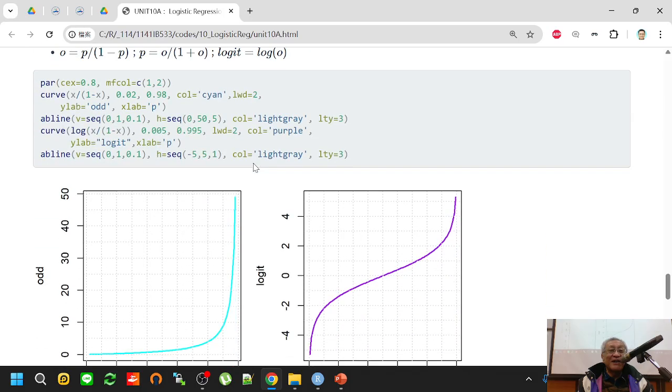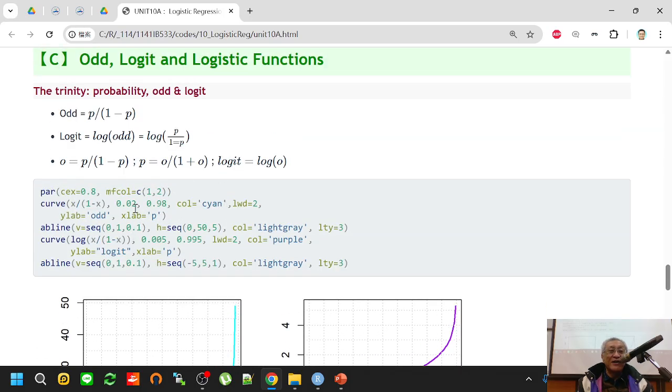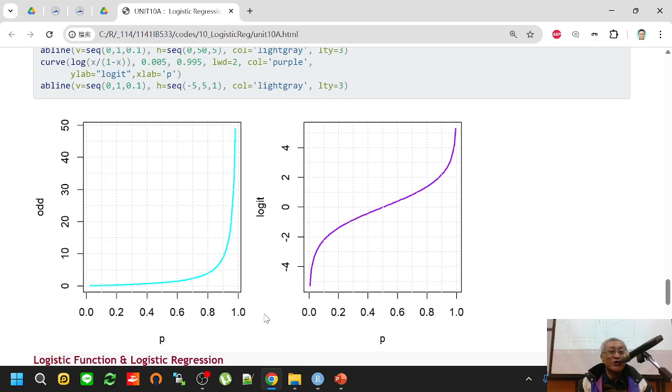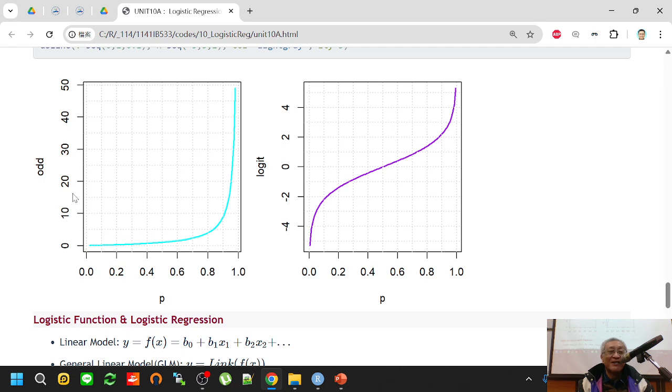Now, again, here I made some charts to give you a better idea about the relationship between probability and R. And this is the transformation between probability and log. Okay. As you can see, the range of probability is always between 0 and 1, right? But the range of R is from 0 to infinity, okay?